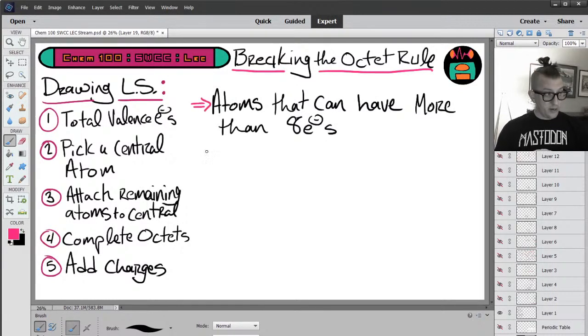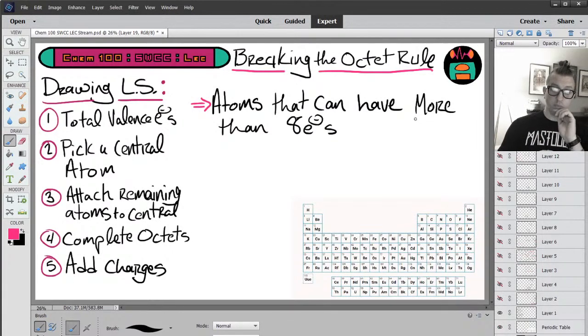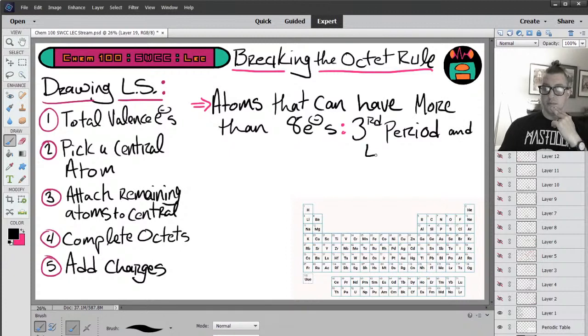These guys you got to be aware of. Now, to show you which atoms can have more than 8 electrons, I'm going to use the periodic table. The atoms that can break the octet rule by having more than 8 electrons are third period and lower.